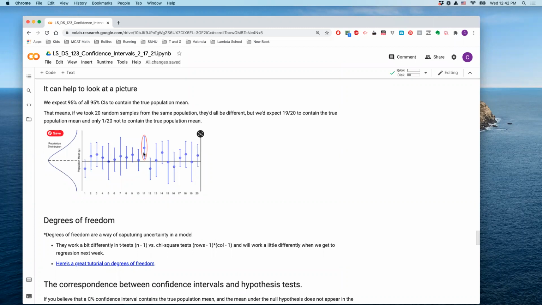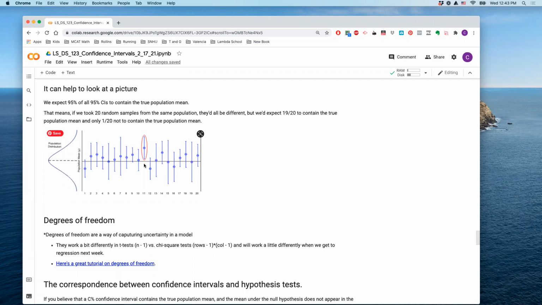When we do our experiment, we have no idea which of these lines we're generating with our confidence interval. But mathematically, we can say that 19 out of 20 times, our confidence interval is going to be just fine. It's going to overlap the population mean. Only 1 in 20 times is it not going to.